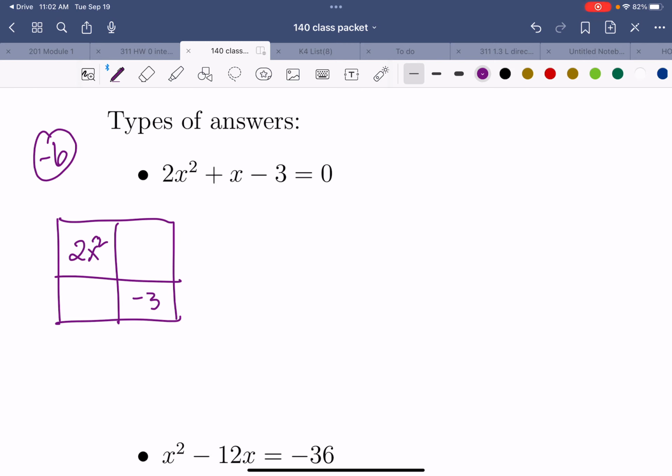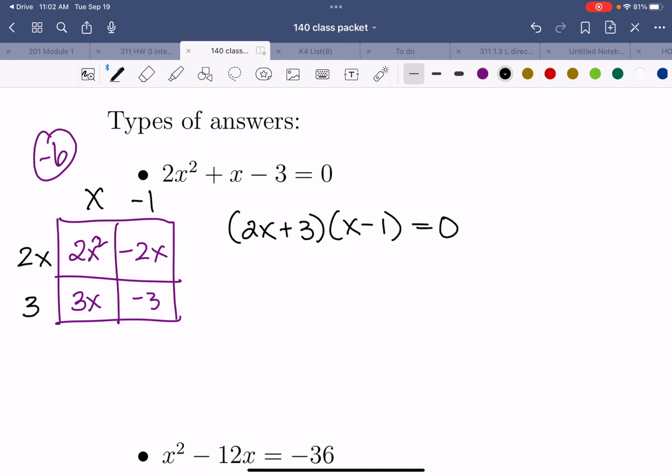So 3 and negative 2 will work. So 3x and negative 2x. In the top row, there's a 2x in common, and when you take it out, there's an x and a minus 1. In the bottom row, there's a common 3, and when you take that out, it works. So this becomes 2x plus 3 times x minus 1 equals 0.